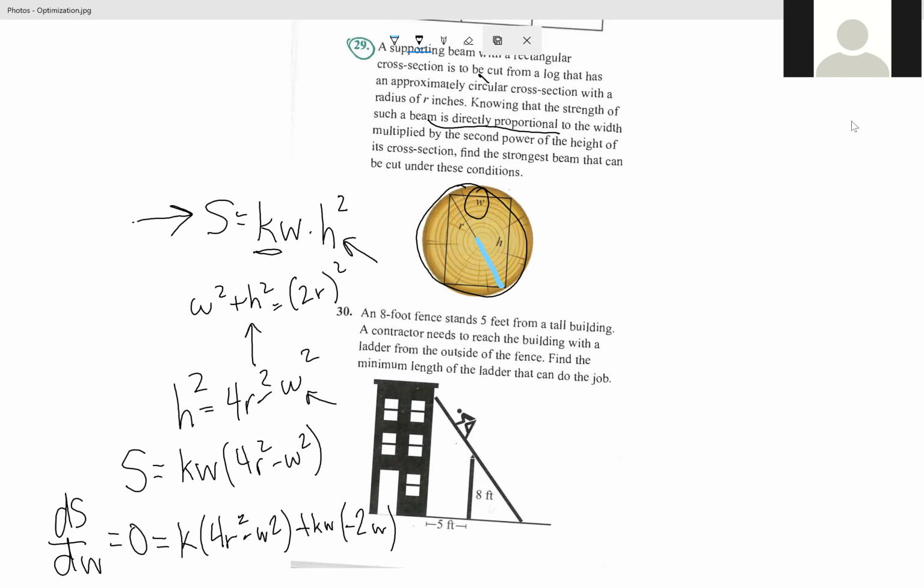I don't know if I know the steps of how to optimize. So when I go through the problems, I don't know what's supposed to come next. And I don't think this is a great problem for me to start off with. This is a really good problem. Yeah. Good for people who know what they're doing.